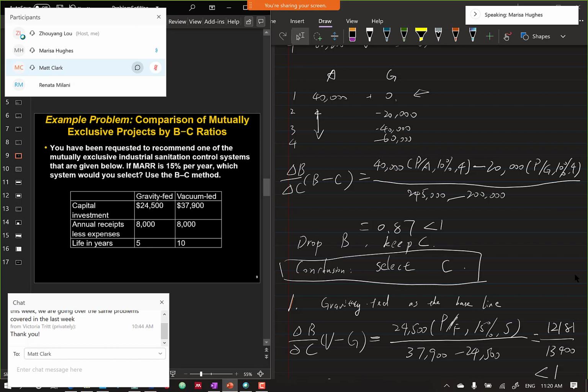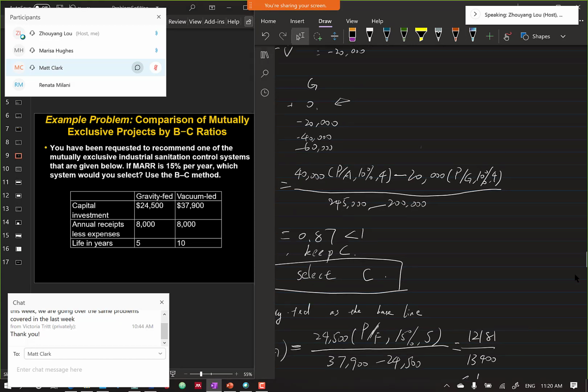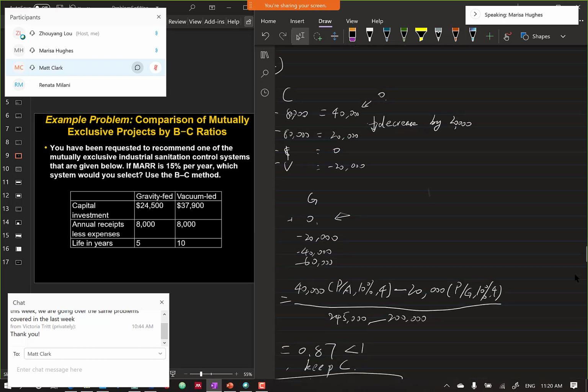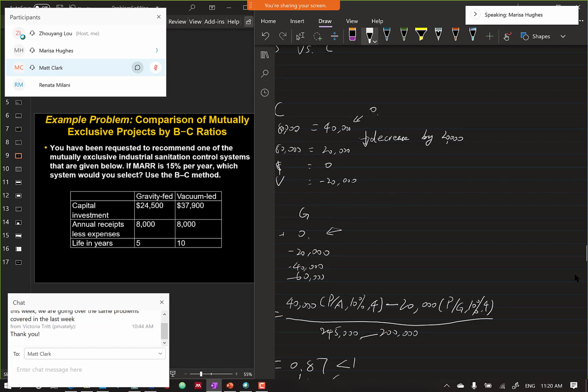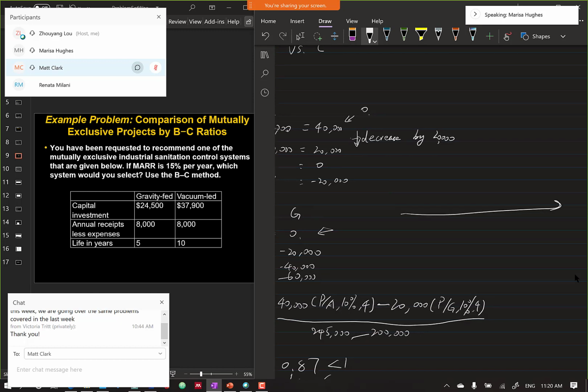I guess in my mind it's kind of confusing why if you invest 24,000 two times, that's going to be greater than 37,000 in the long run. So maybe a cash flow diagram of what that looks like when you double the life of the gravity fed might be helpful. Yes, let's do this.